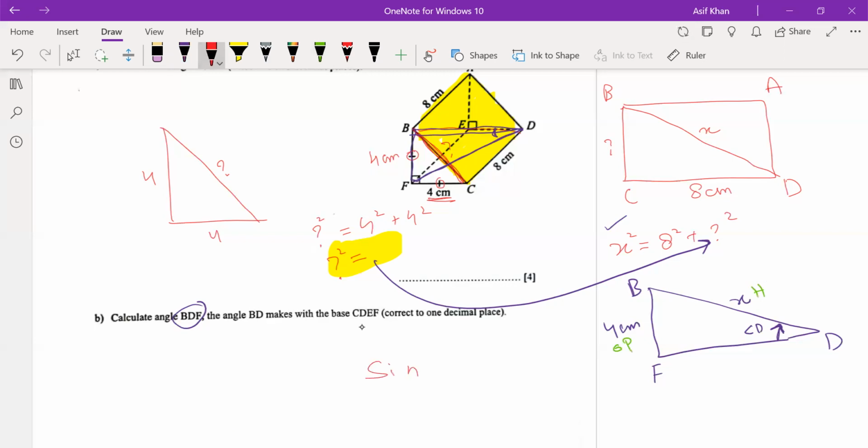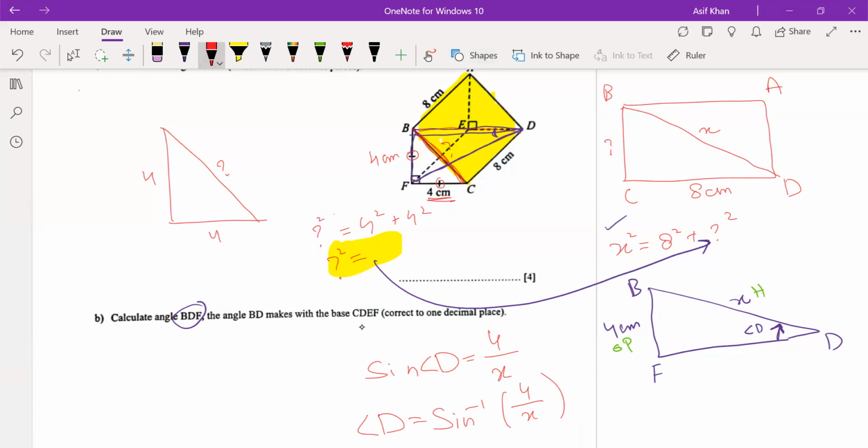It means sine angle D is equal to opposite over hypotenuse. That was x. So angle D will be equal to sine inverse 4 upon whatever the value of x. Do one thing, find the value of x.